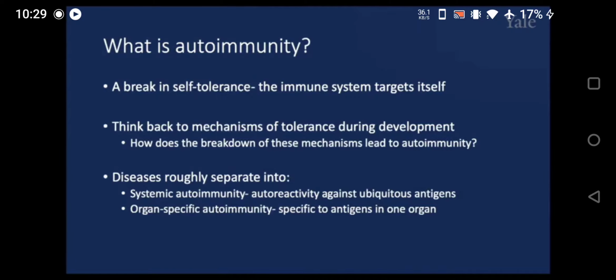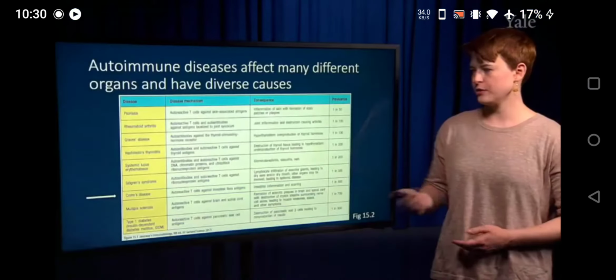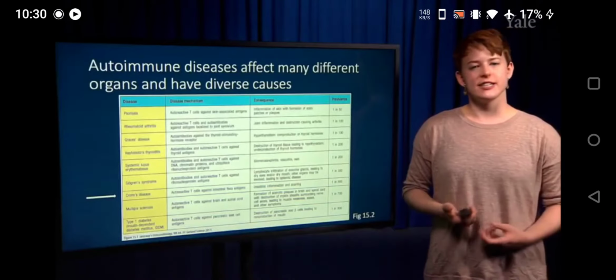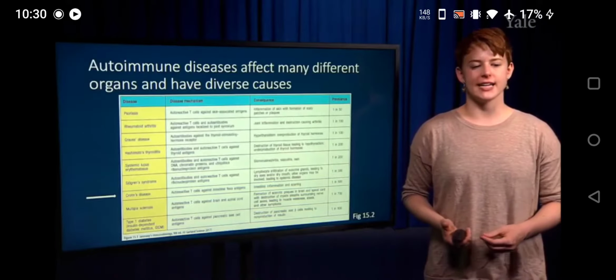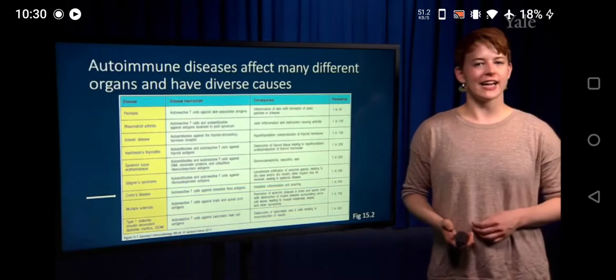So here in figure 15.2, we have a list of several autoimmune diseases that we'll discuss today. A couple interesting ones include Crohn's disease, which is actually a bit more complicated as it's really an autoimmune targeting not exactly of the self, but actually of the microbiota.